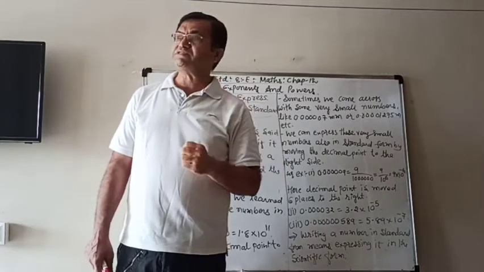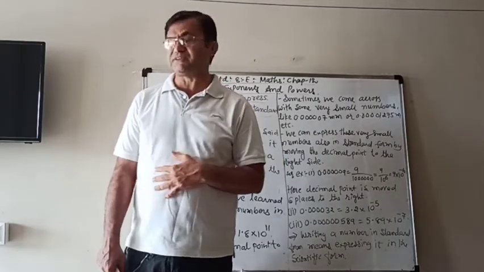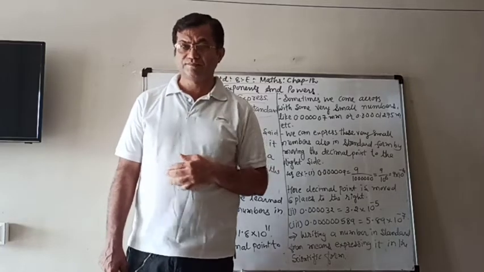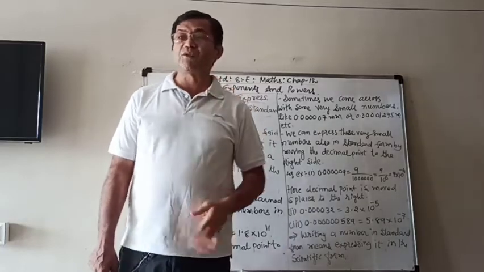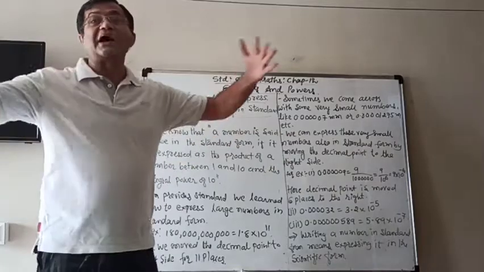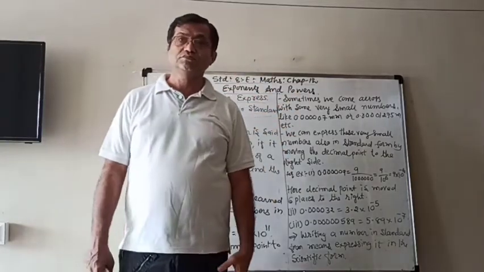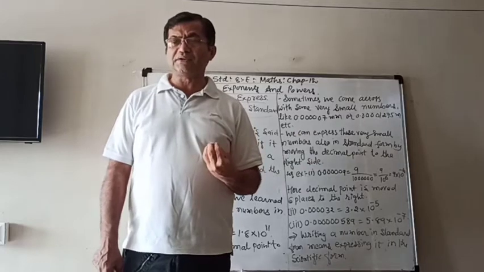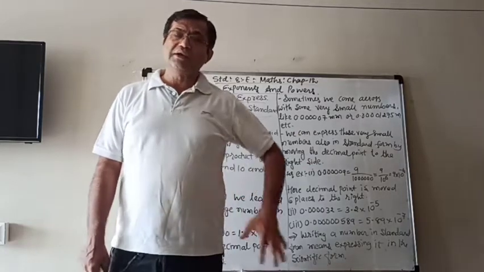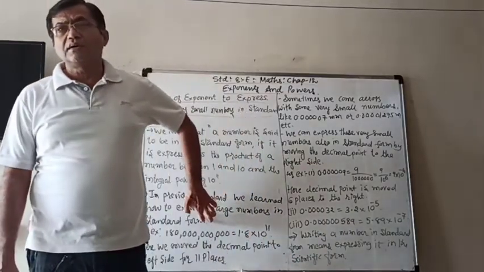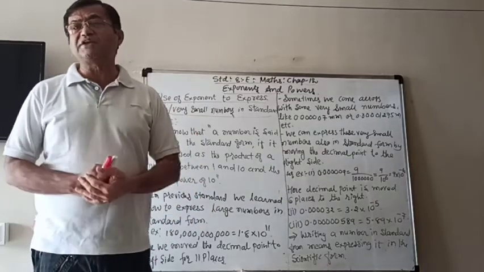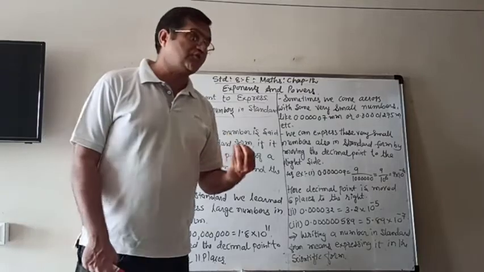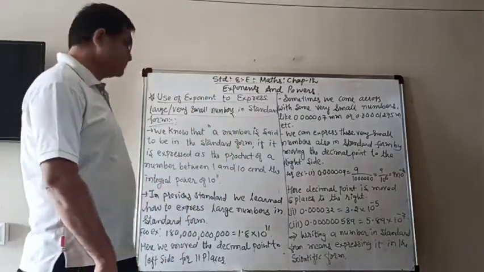So in this situation, these very small numbers also can be written in the standard form as we wrote down the large numbers. How? Here we have to remember that when we make a large number in standard form, the decimal point was moved to the left side.